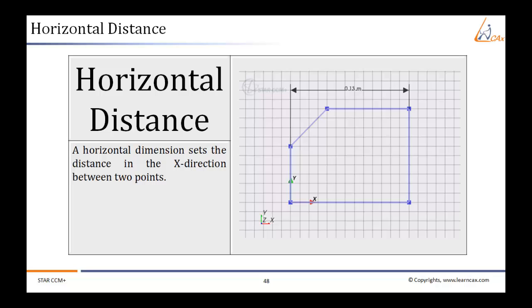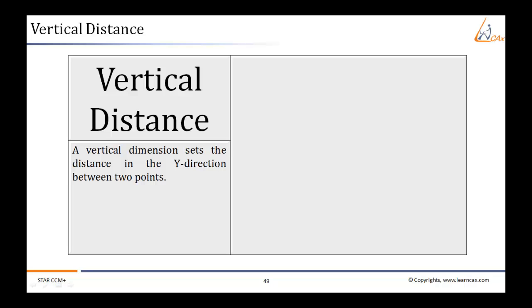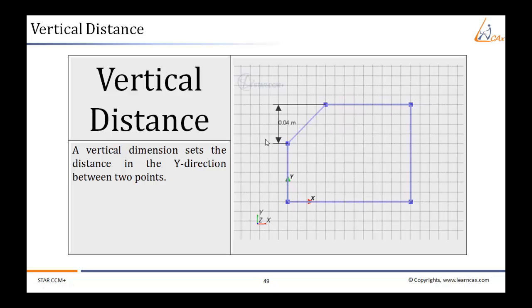This tool sets the distance in the x direction between 2 points. As shown in this figure, this is how the horizontal dimension looks. The next variant of the distance dimension is the vertical distance dimension option. We use this option to set the distance in the y direction between 2 points.